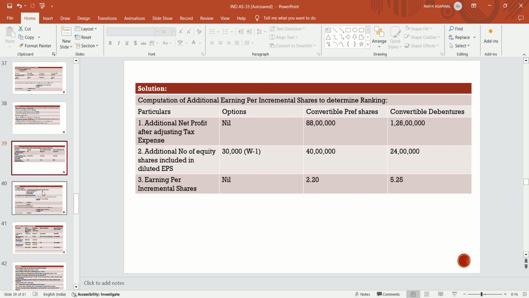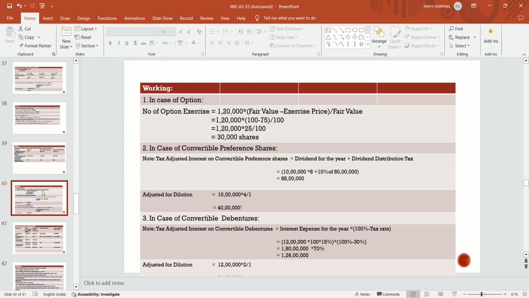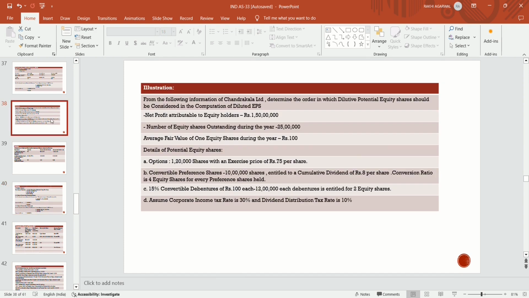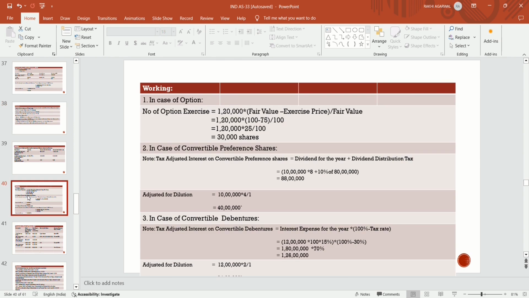Now in case of convertible preference shares, what is given in the question: 10 lakh shares entitled to a cumulative dividend of rupees 8 per share, the dividend distribution tax rate is given as 10%, the general tax rate is also given as 30%, and the conversion ratio is 4 equity shares for every 1 share held. One preference shareholder will get 4 equity shares.